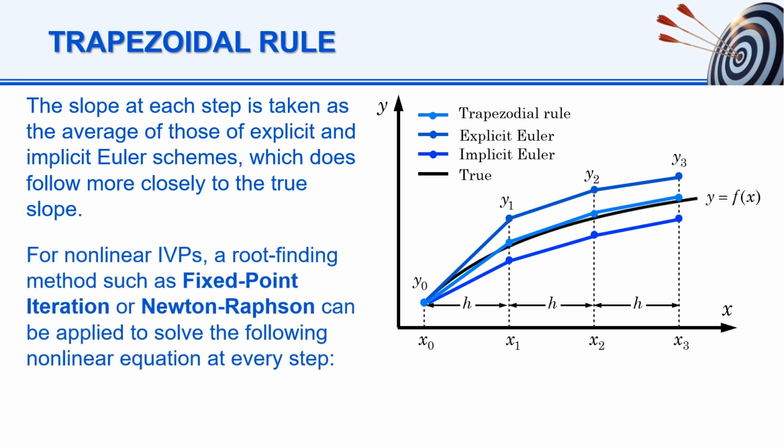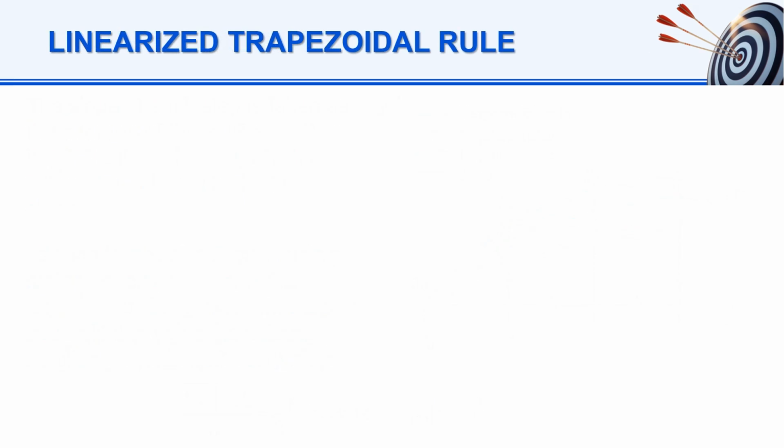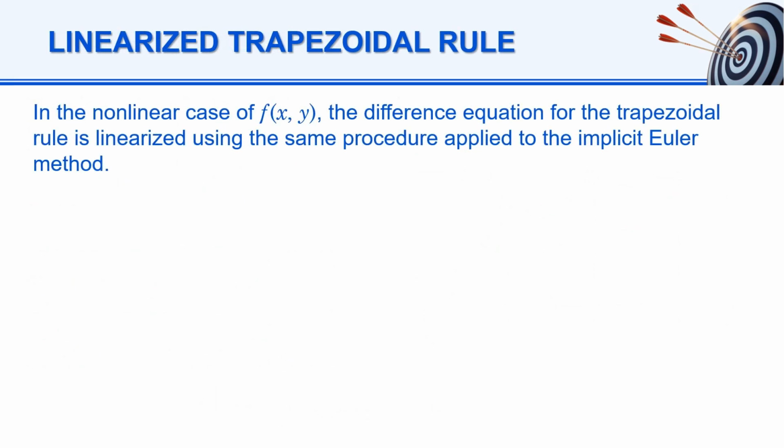For nonlinear IVPs, root-finding methods such as fixed-point iteration or Newton-Raphson can be applied to solve the following nonlinear equation at every step. In the nonlinear case of f(x, y), the difference equation for the trapezoidal rule is linearized using the same procedure applied to the implicit Euler method.